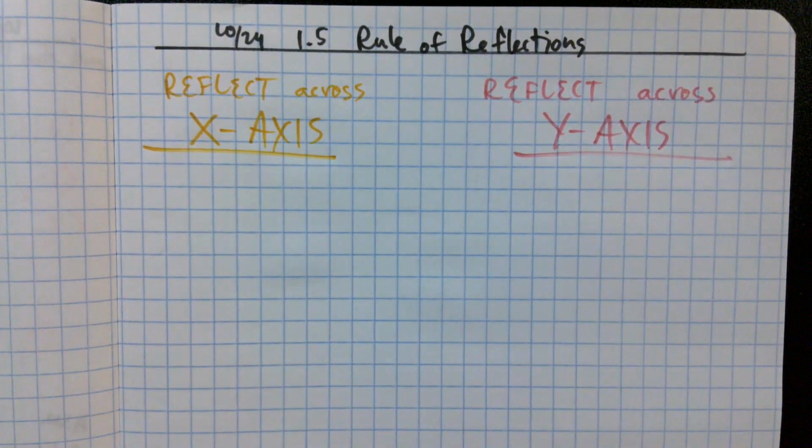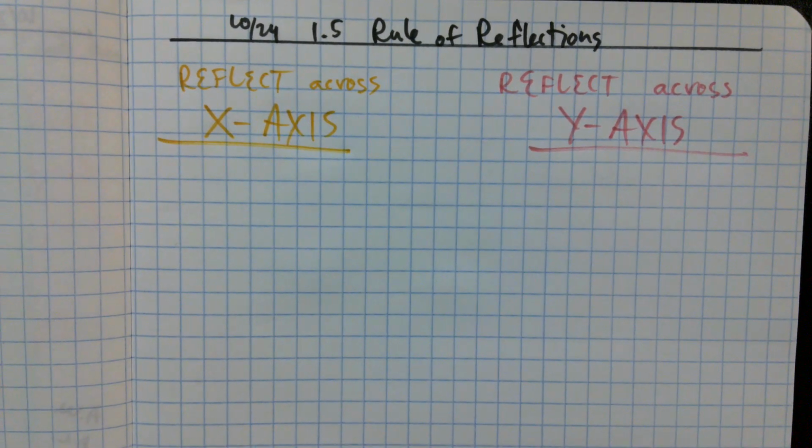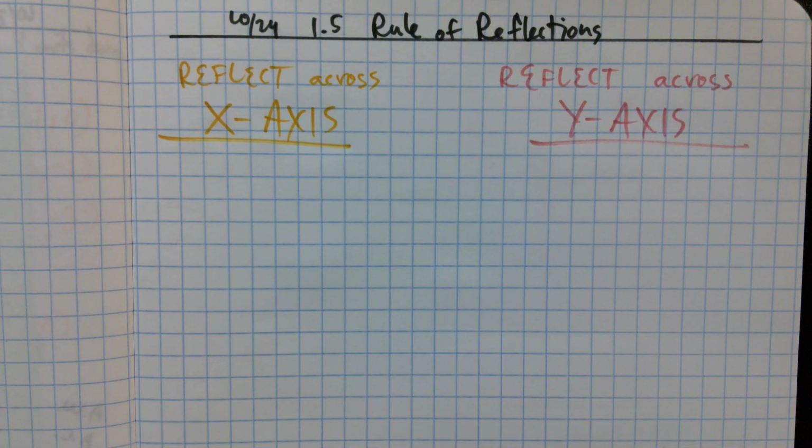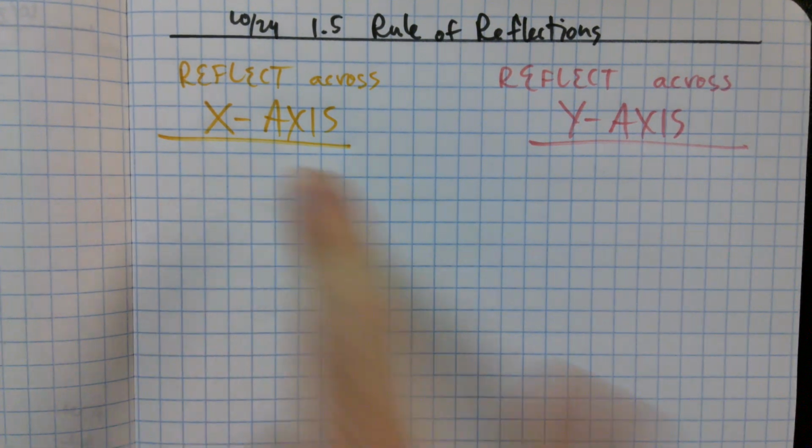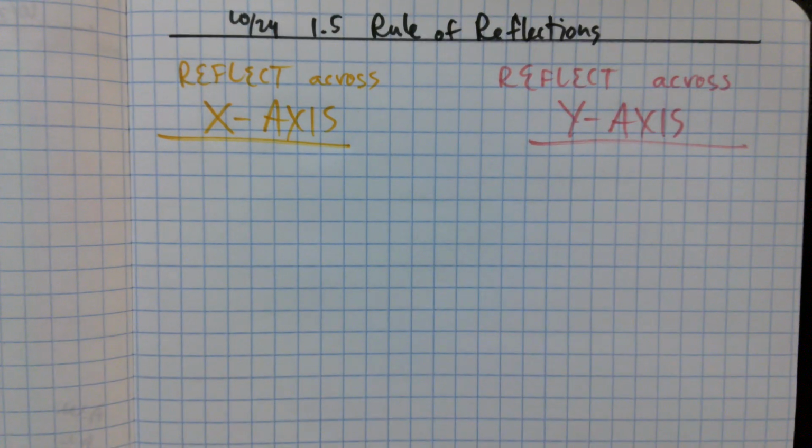There's only two options at this point. Next year you'll have more options, but this year there's only two options. We're either reflecting across the x or we're reflecting across the y.